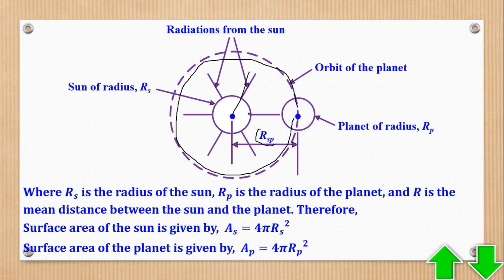Now you realize that this planet receives only a fraction of the total radiation from the sun. The total radiation of the sun is received throughout this sphere. Therefore, to get the radiation for only the planet, you use a fraction of the total, as we shall see in the calculation.